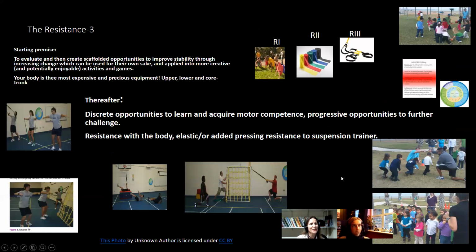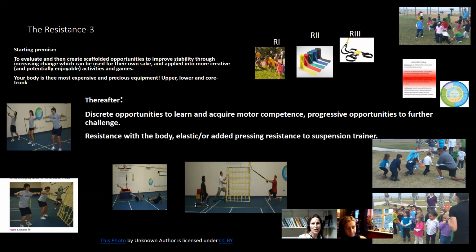Our resistance 3, we used in primary school, elementary and middle school, so key stages 1, 2 and 3. And we noted that in our South Texas environment, it was far more easily situated.